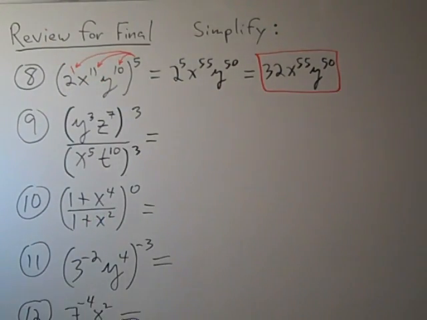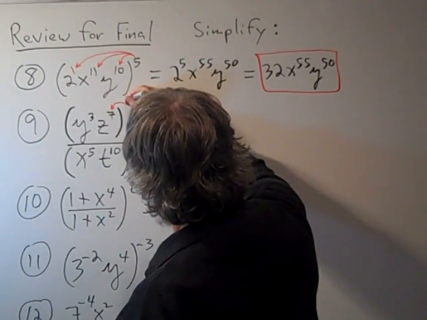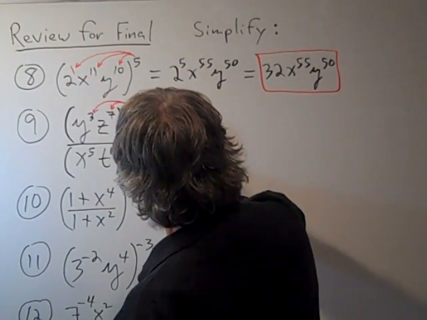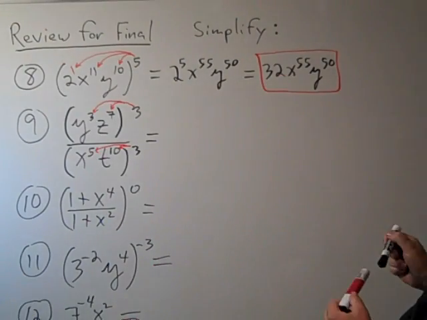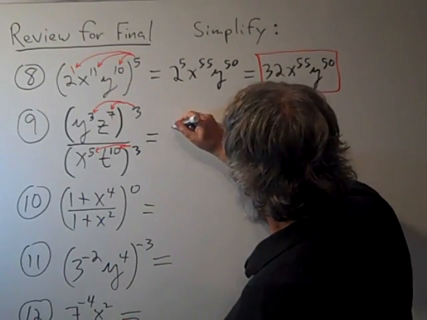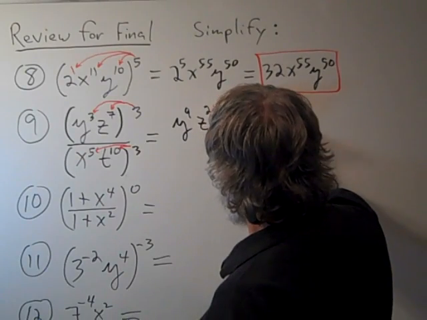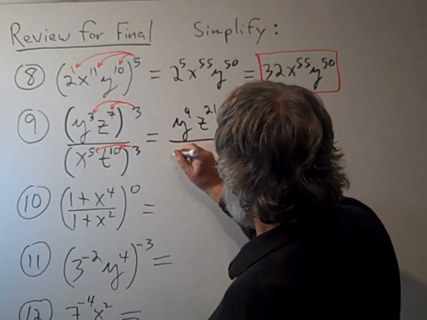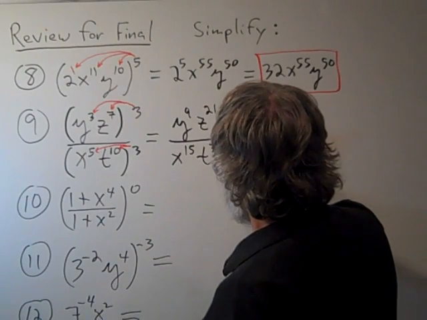And now we can multiply each of those exponents by 3. And what we get is y to the 9th, z to the 21st power, divided by x to the 15th power, t to the 30th power.